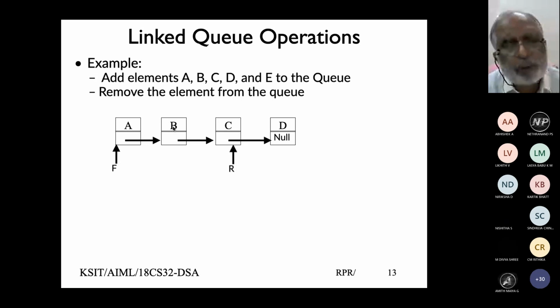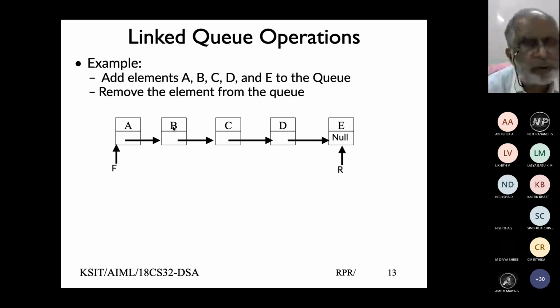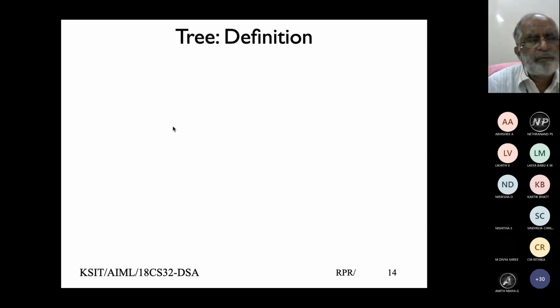When we need to remove, we remove the node pointed to by the front and move the front pointer. So we can use a singly linked list to implement either a stack or a queue. Quite often it's a queue, but a stack could equally be done. And that was the content of module 3.